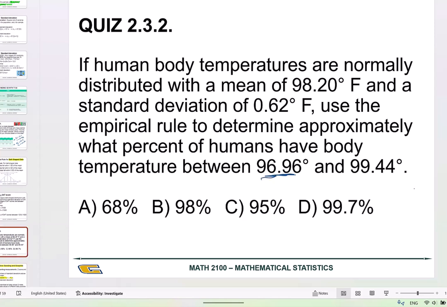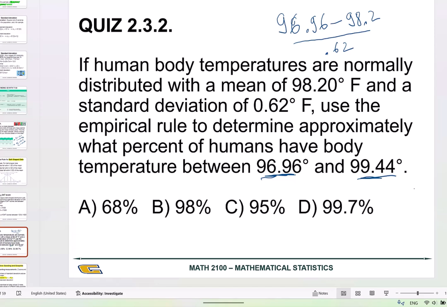So this value and this value. For 96.96, if you compare to the mean, you can see how many standard deviations it is from the mean by simply doing 96.96, subtracting the mean, and dividing by the standard deviation. If you do this calculation, it will tell us how far this value is from the mean in terms of standard deviation.